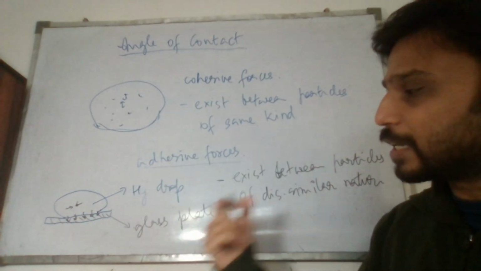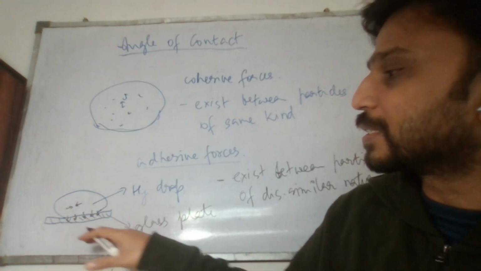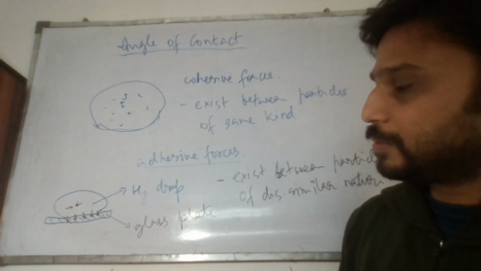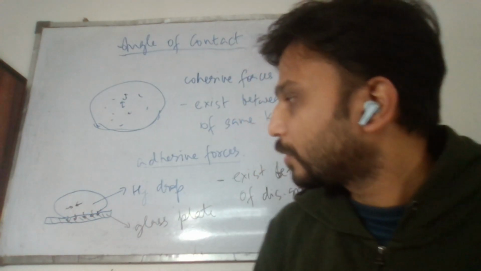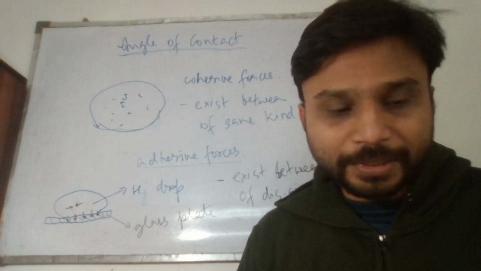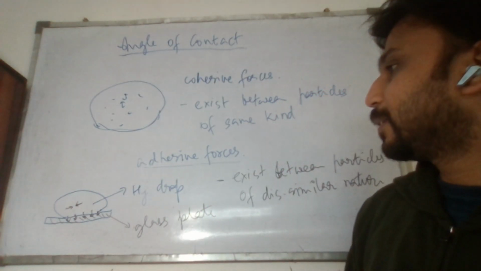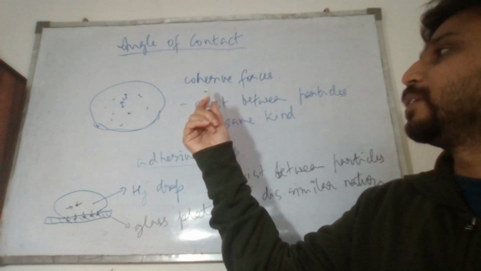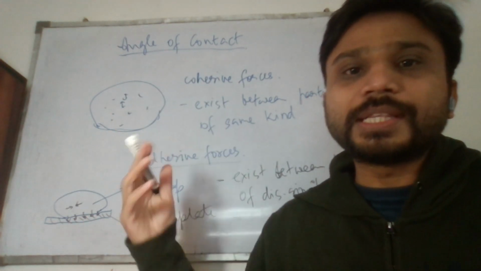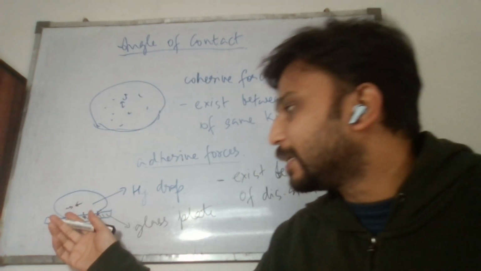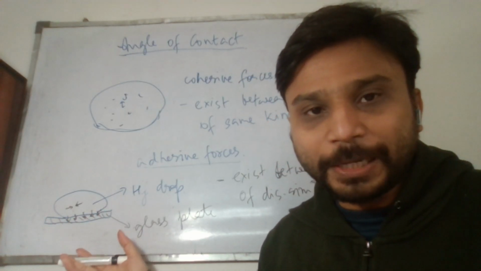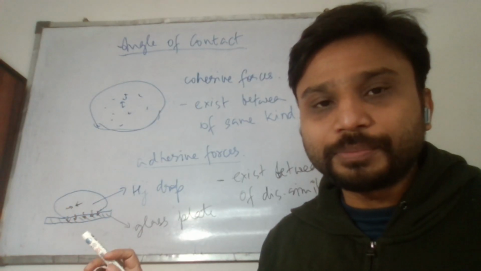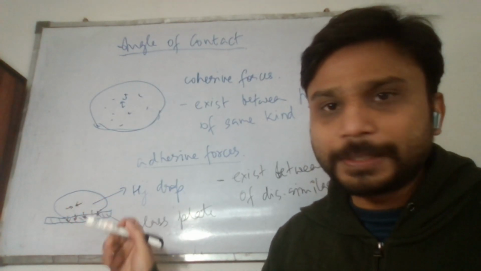These particles, which are attracted towards the glass plate, spread on the surface like this. So we have a simple idea. If the cohesive forces in a liquid are stronger than the adhesive forces, which are keeping them tied down to the glass plate, then they form a shape like this. The mercury drop will make a shape like this, or whatever liquid it is.